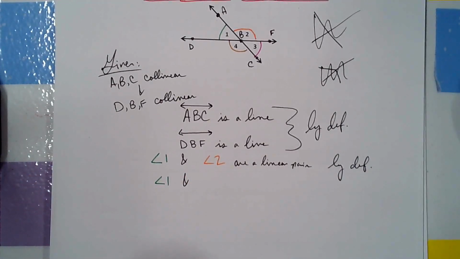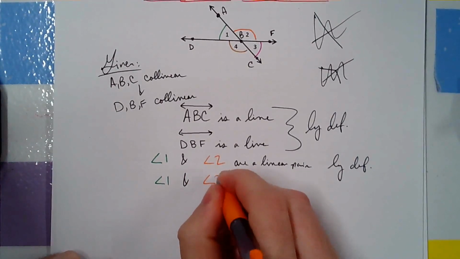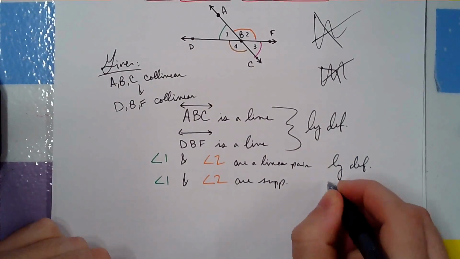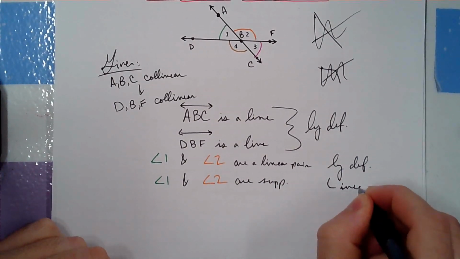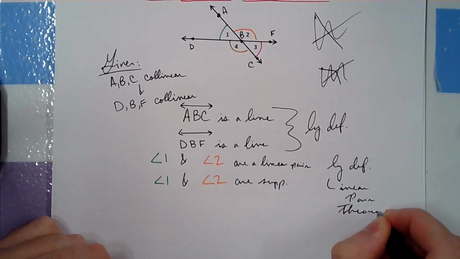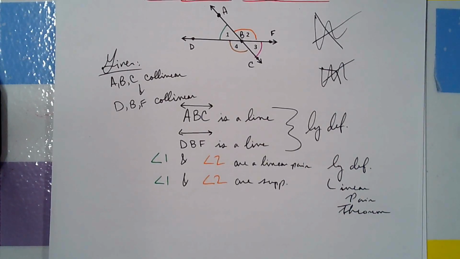And you're wishing we could just skip to the adds up to 180 part. But we can't yet. Angle 1 and angle 2 are supplementary, and we know that by the linear pair theorem. It's the theorem that says if we're looking at a linear pair, then they must be supplementary. And if they're supplementary, what does that mean?